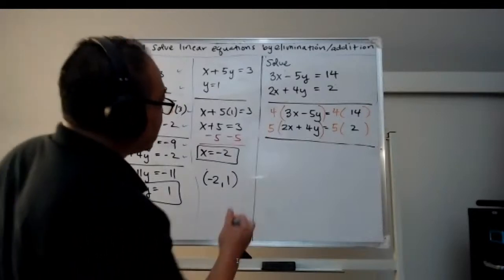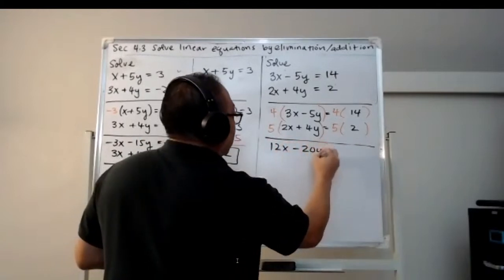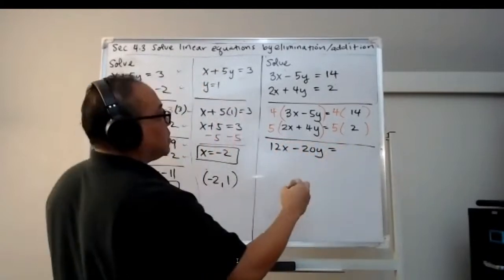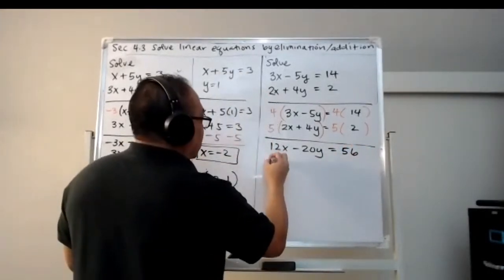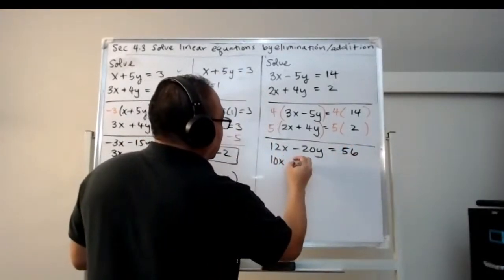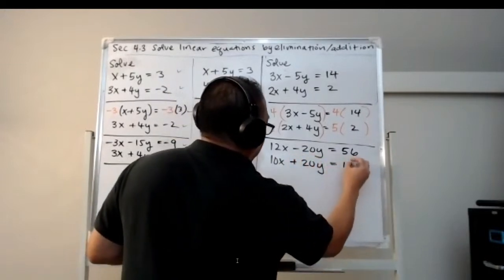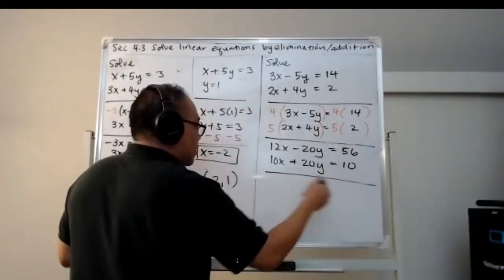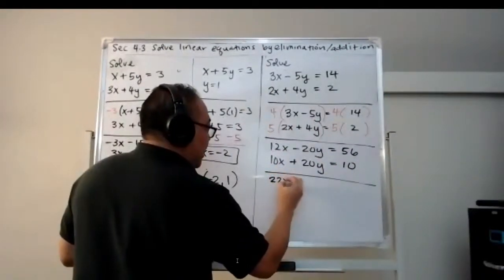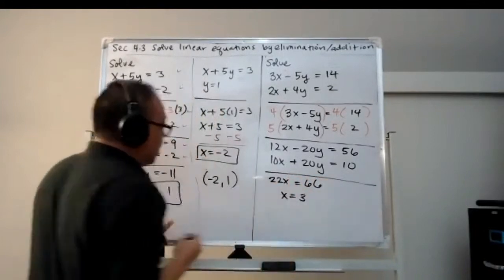Okay, so I'm going to get 12x minus 20y is equal to 56. And I'm going to get 10x plus 20y is equal to 10. Now, when I add them in their columns, I should get 22x is equal to 66. So x is equal to 3.